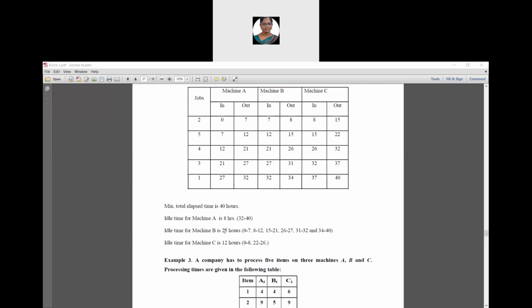Okay. Then machine C. Idle time for machine C. For that also we have to check whether a difference is there or not. 15, 15, 26, 22, 32, 32, 37, 37. In this place, 26 and 22 have a difference. The rest of the places do not have a difference.